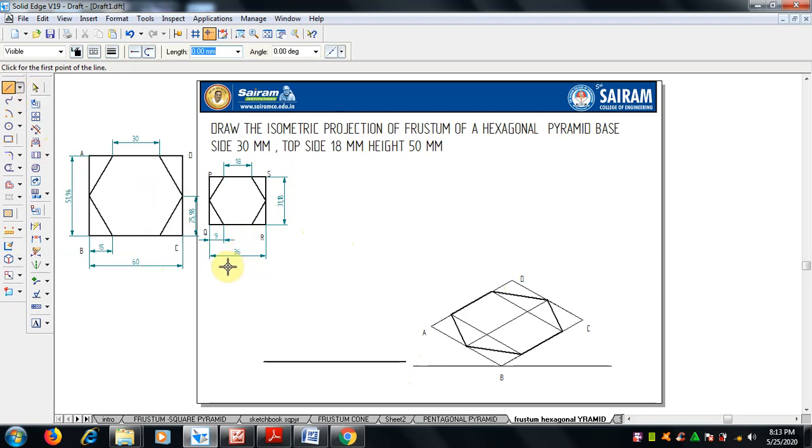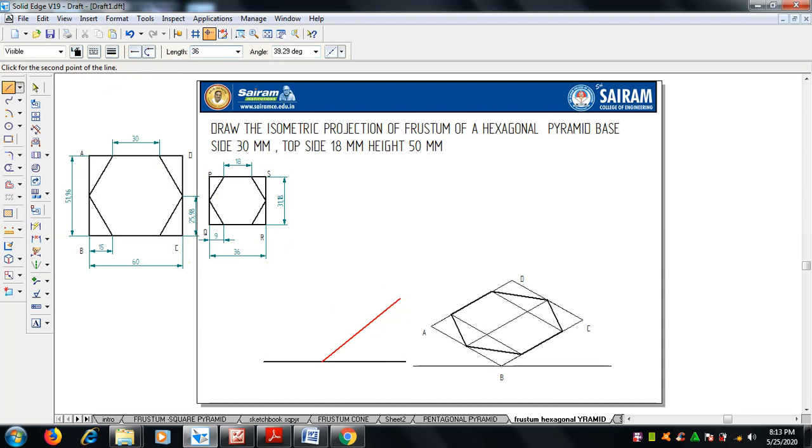So how to draw this is 36 this side. So PQRS, how we are going to draw is just as this. Draw the line. I am keeping QR at 30 degree. Okay, QR is 36.